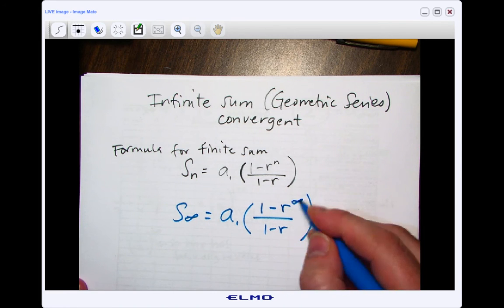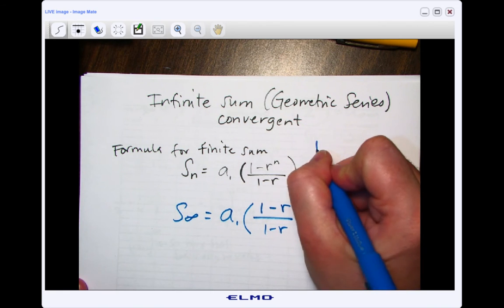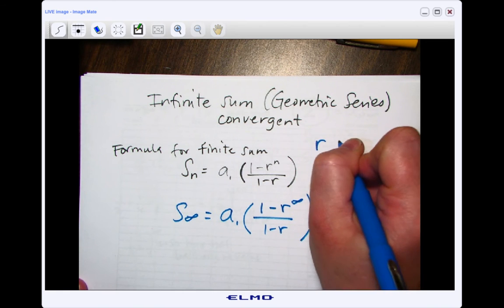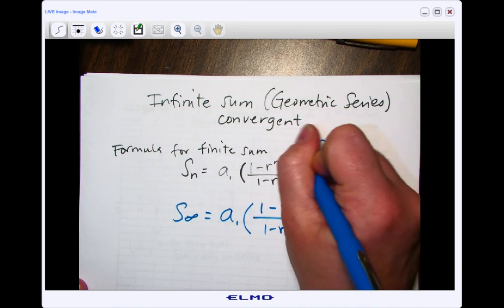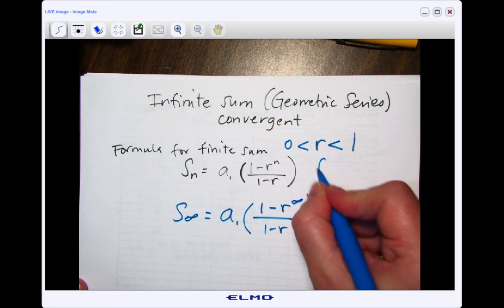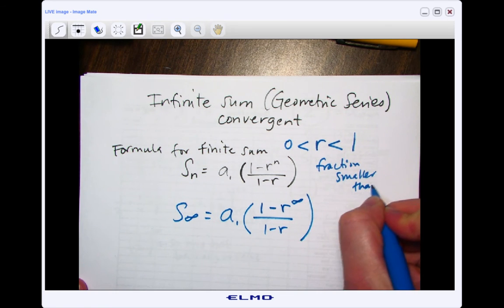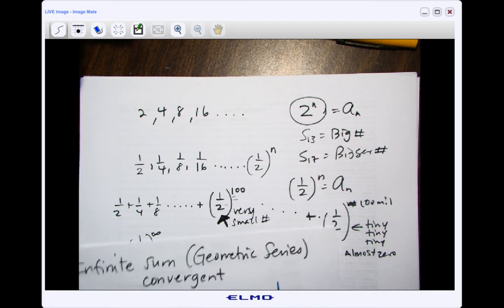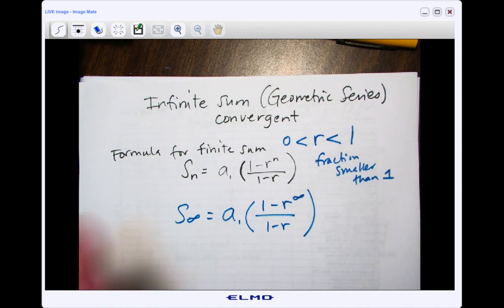Well, again, this is one where our common ratio is less than 1, but of course it has to be bigger than 0. If it's between 0 and 1, so like a fraction smaller than 1, like in our example here, these values are going to start to get really tiny the farther we get out.